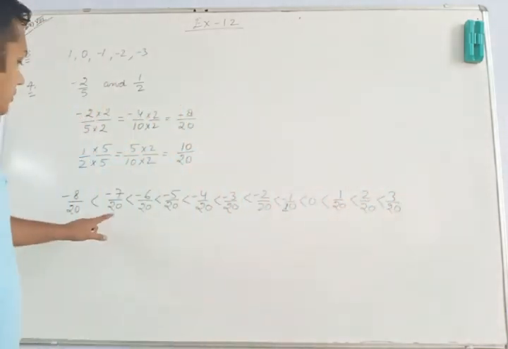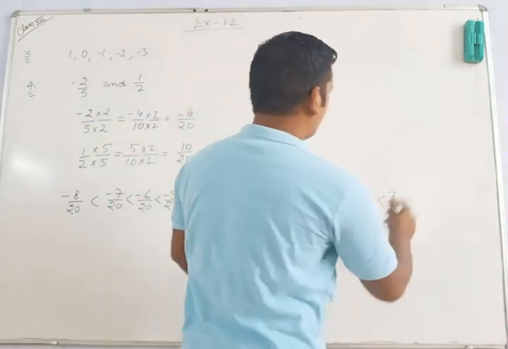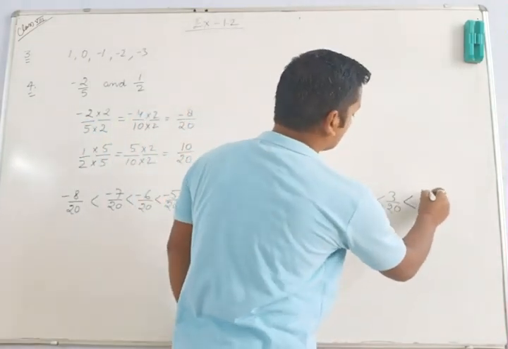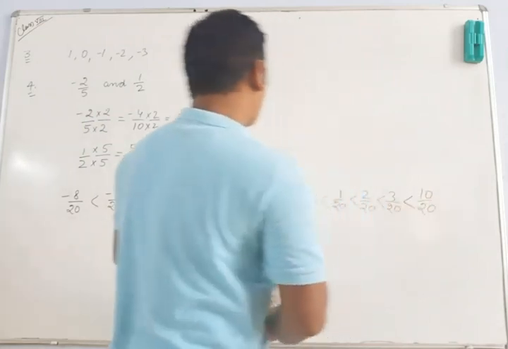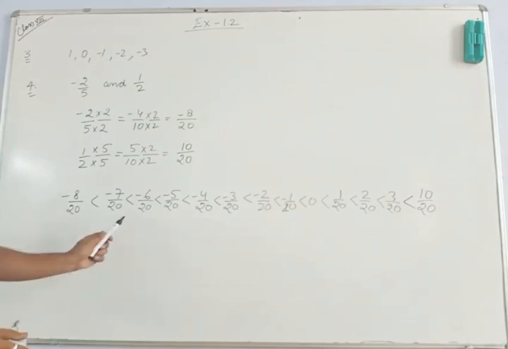And how many are there? 1, 2, 3, 4, 5, 6, 7, 8, 9, 10, 11. So that's it. These are 10 rational numbers. In this way we can find more than 10 rational numbers as well, for the same numbers.